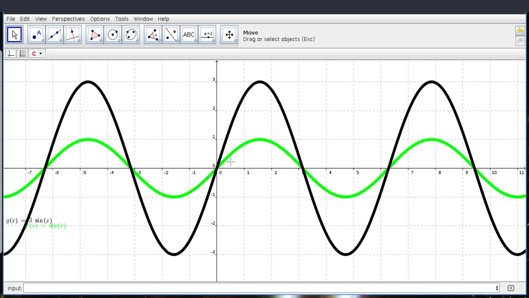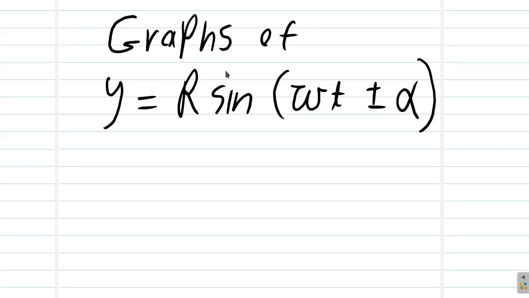So r here represents the amplitude. Let's make a note of that: r equals amplitude of the graph.